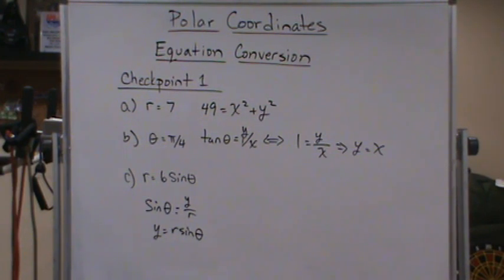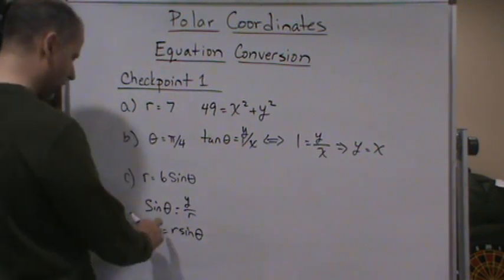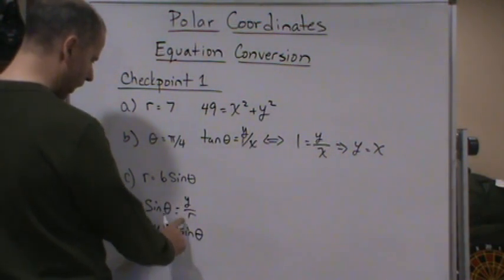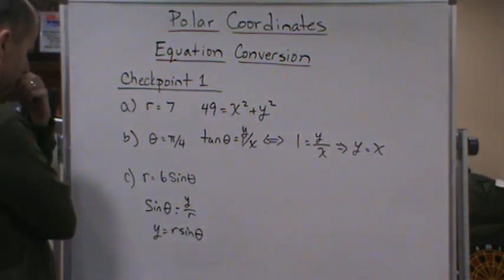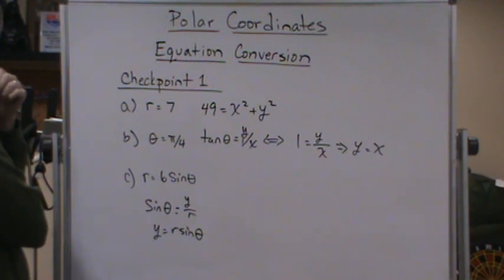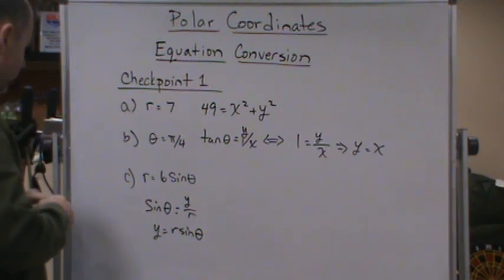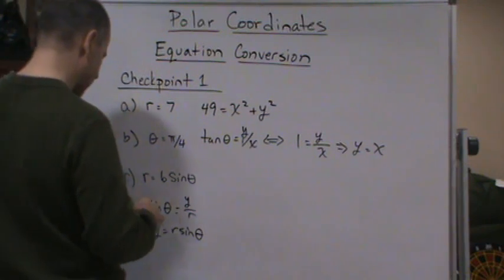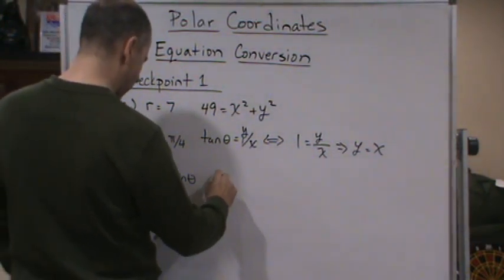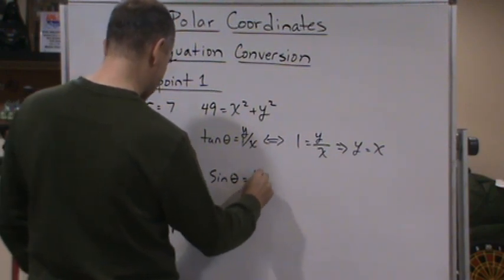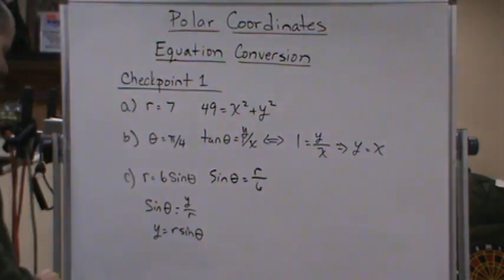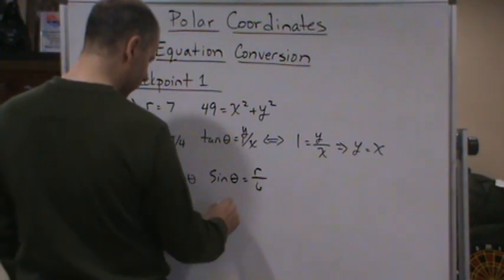Why don't we substitute in y and r? Let's do sine theta equals r over 6, and sine is y over r.